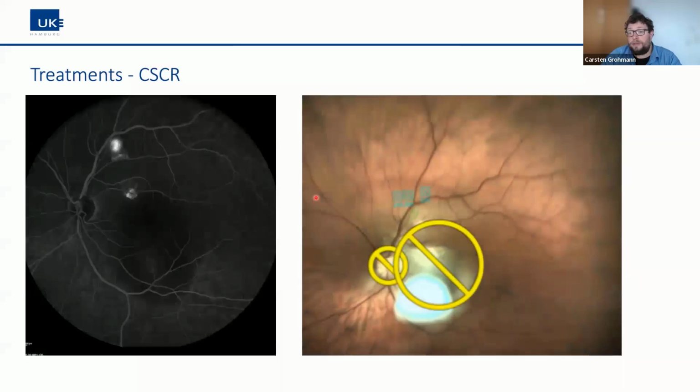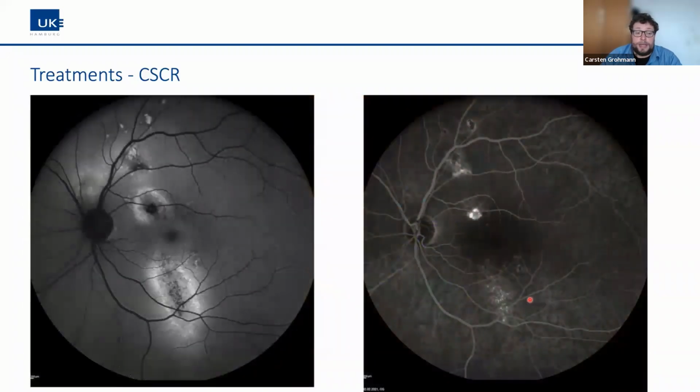If you like to use micropulse, or if you like to use the coagulative way, we personally use both. For the more peripheral ones, like here, I personally like the coagulative spots, and for the central ones over here, I personally perform the micropulse laser with good outcomes. Yeah, you can see here after the treatment, this is now dry.